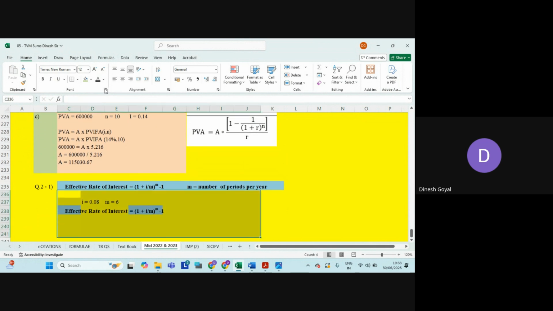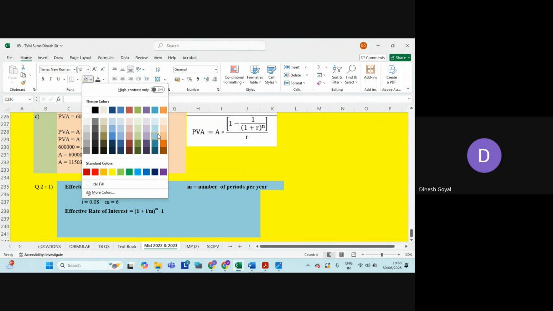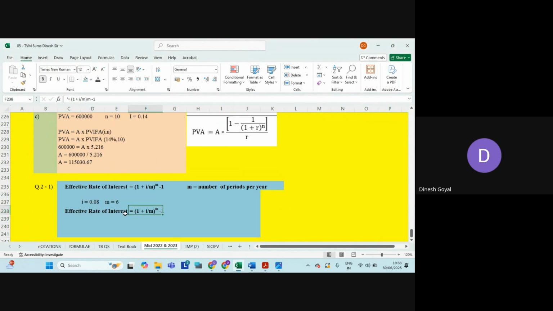I will show that. Your values we will substitute here. 1 plus I is your 0.08 and M is your 6, so 0.0827. I have not calculated that. Okay, so you just have to write it like this. I will calculate.